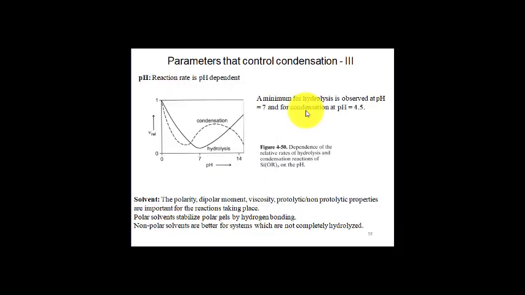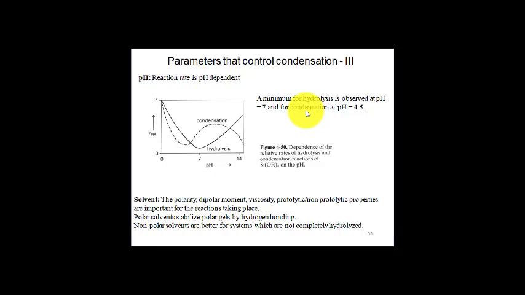Next is the parameters that control condensation 3. pH, reaction rate is pH dependent. A minimum for hydrolysis is observed at pH 7 and for condensation at pH 4.5. Second one is the solvent: the polarity, dipole moment, viscosity, protolytic, non-protolytic properties are important for the reactions taking place.